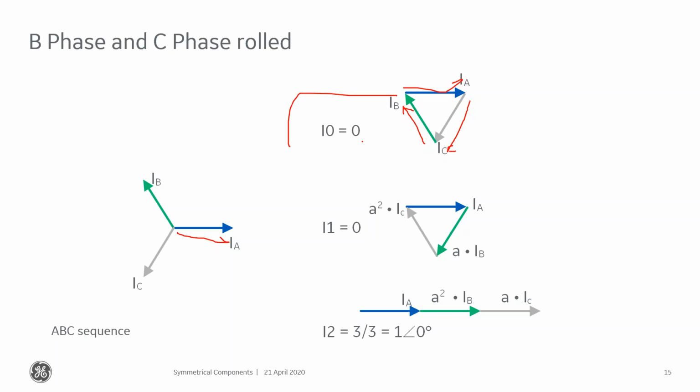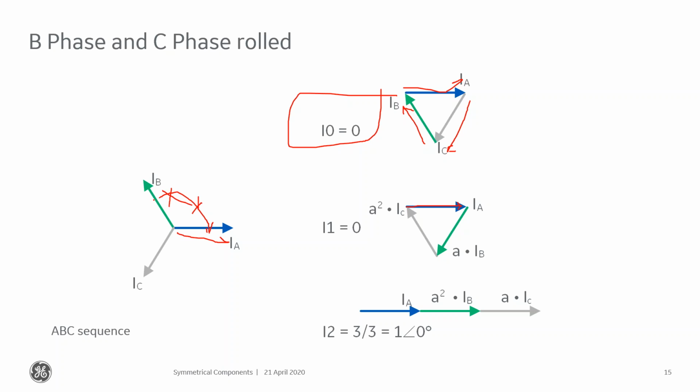So I've got 0 sequence components and 0 sequence current. Now, that's great, that's good, right? But look at what my positive sequence is. Well, I've got IA sitting here, right? And then I'm going to take B and shift it by 120 degrees. If I shift it by 120 degrees, that puts him right here.